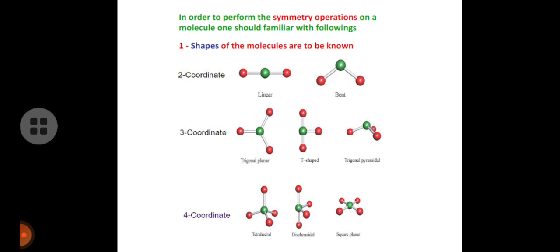In order to perform the symmetry operations on a molecule, one should be familiar with the following. One, shapes of the molecules are to be known. Two, coordination number two is either linear or bent. Three, coordination number three is trigonal planar, T-shape or trigonal pyramid. Four, coordination number four is tetrahedral, disphenoidal seesaw structure and square planar.